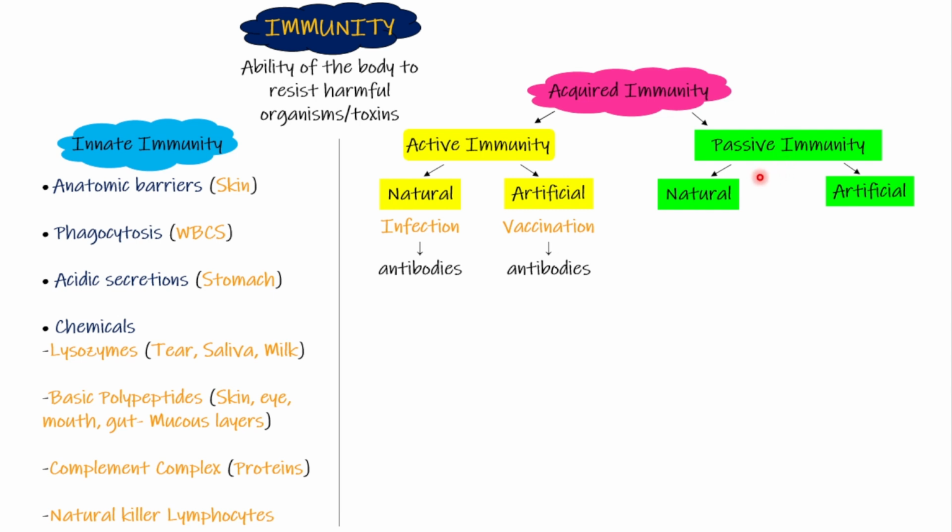So passive immunity is the one in which there are preformed antibodies which enter the body. So what is a natural phenomenon in which preformed antibodies enter the body? Preformed antibodies enter the body of the babies from mother's milk or the fetus directly from the mother in the fetal life.